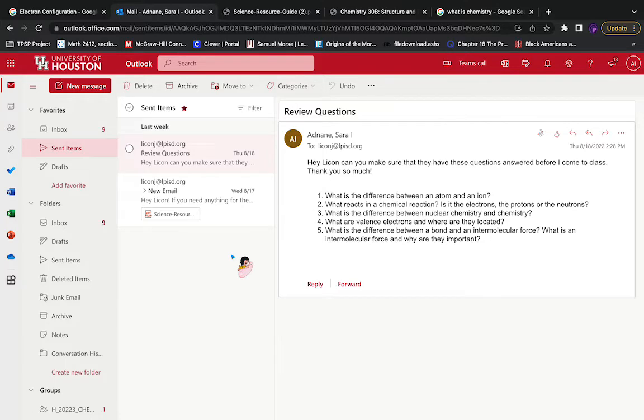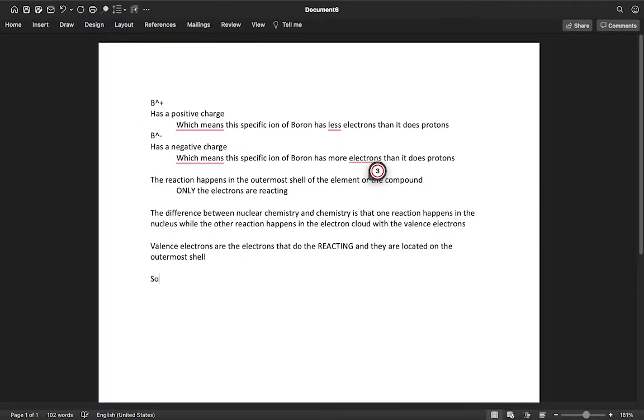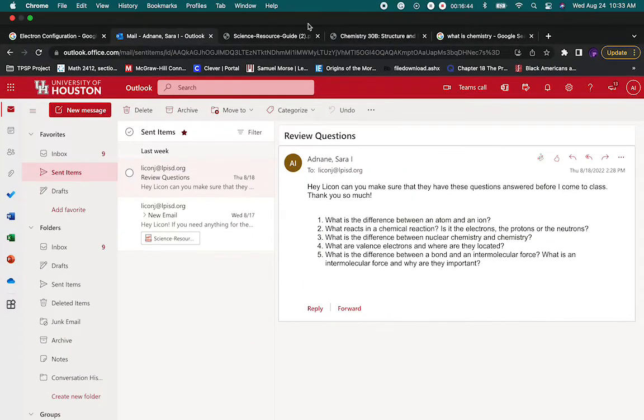A bond results from a reaction and is why the elements or compounds bind together to create something new. Now, an intermolecular force is a little different, and it kind of branches on to one of your first topics in the book.